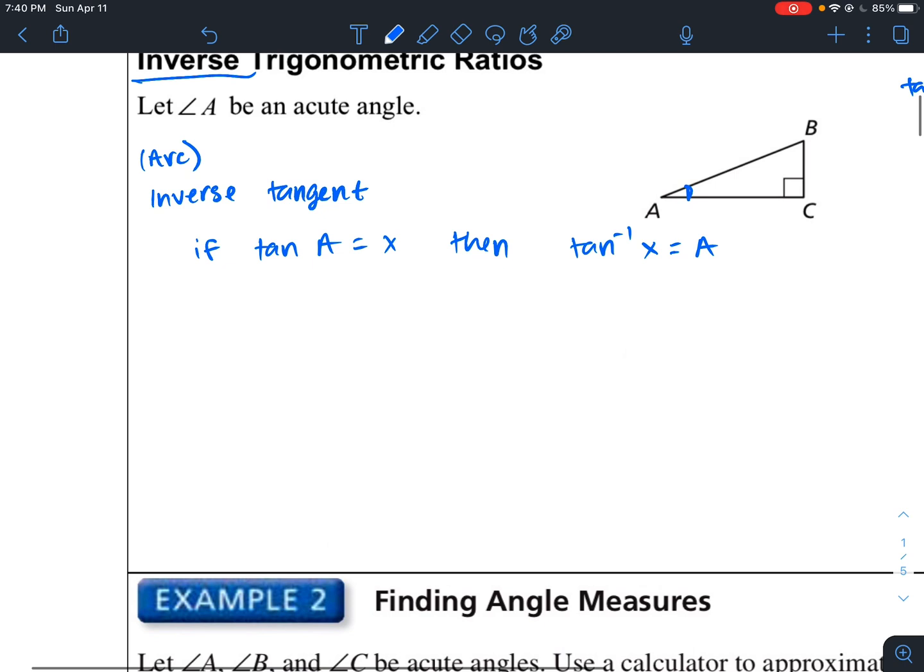And then you can say the same thing for arcsine.